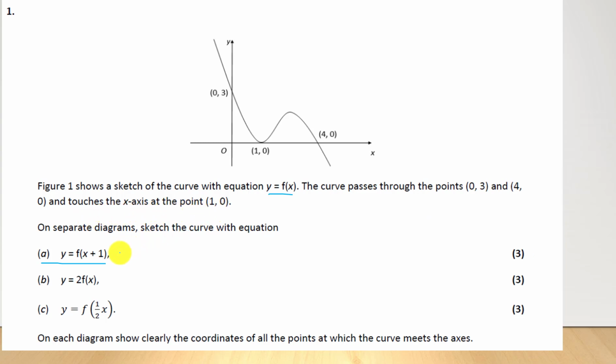So what is this? This is a translation. We do the opposite inside, so it will be 1 to the left, because it's a -1, so left. So we just need to re-sketch that graph. Alright, A here.